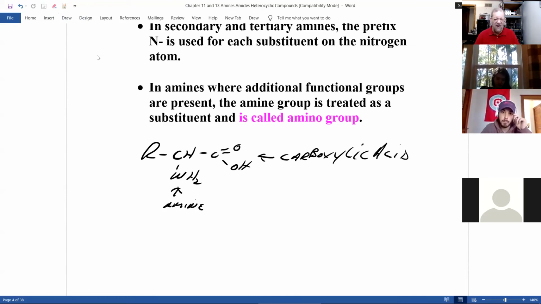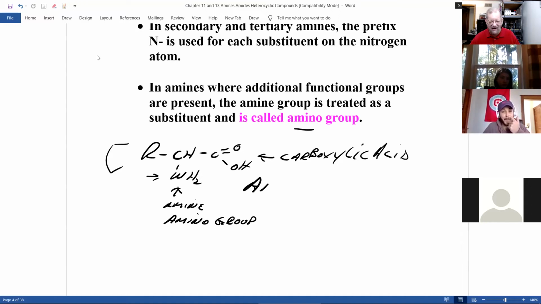So since this would be the substituent, it's now called an amino group in this molecule. And you could call this whole thing here an amino carboxylic acid. Did I tell you organic chemists are lazy? I'm not going to call that an amino carboxylic acid.